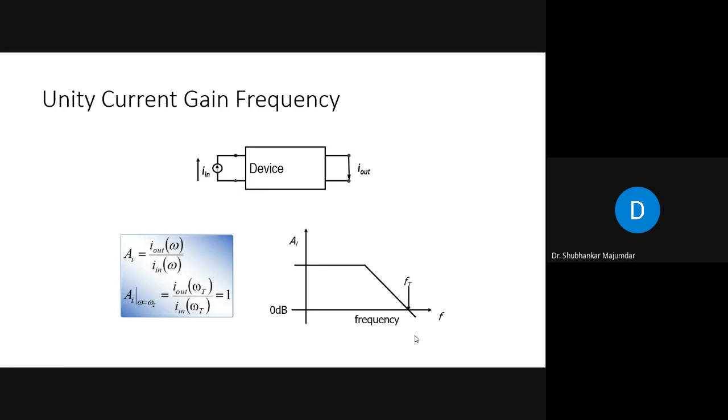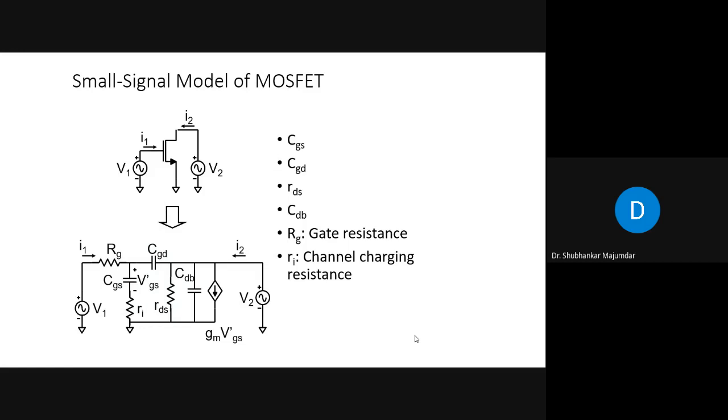So whenever it is 1, the logarithm of 1 is equal to 0, so the dB will be 0 dB. So now we come to the small signal model. As you all know, the small signal model is basically CGS, CGD, RDS, CDB.